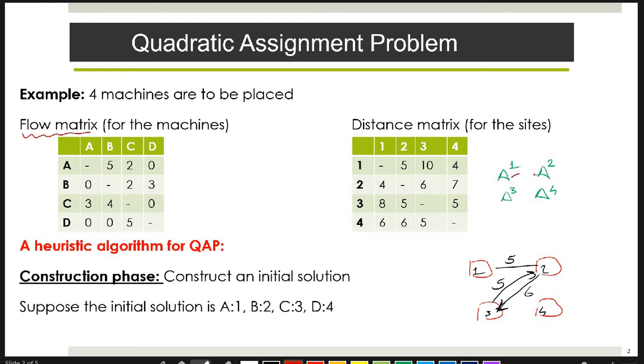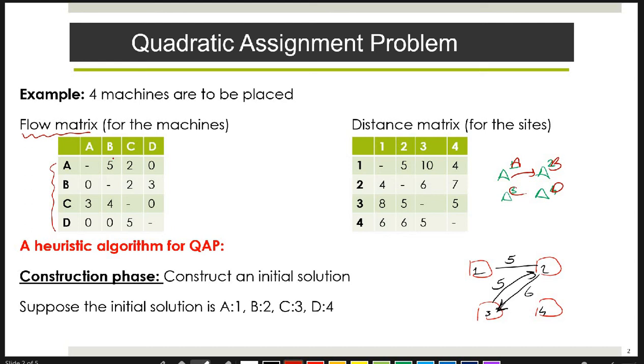Looking at the flow between 2 machines, so as not to confuse things in this example, instead of numbering the machines I used letters: A, B, C, D. This is machine A, this is B, this is C, and this is D. It is just labeling, no issues; you can number or use letters.